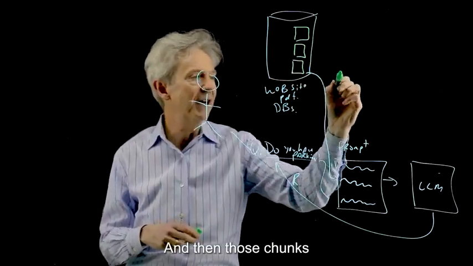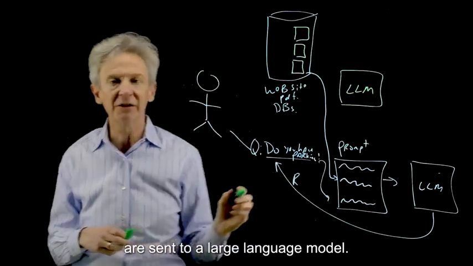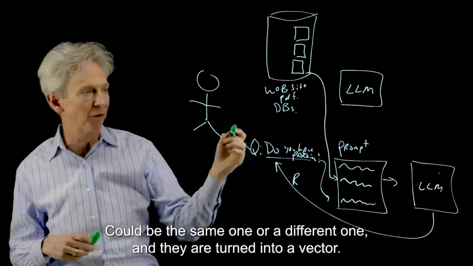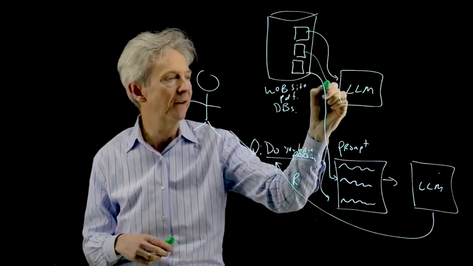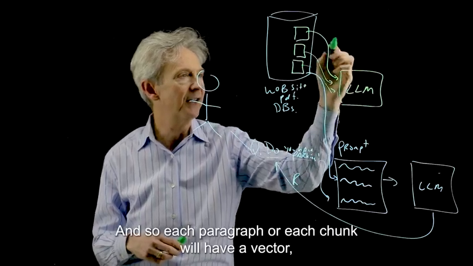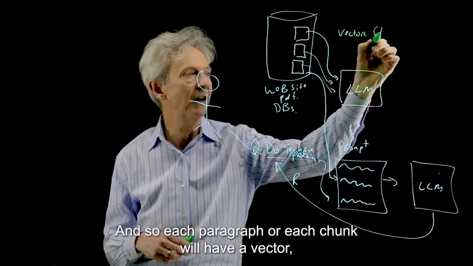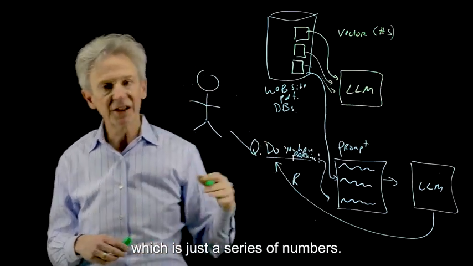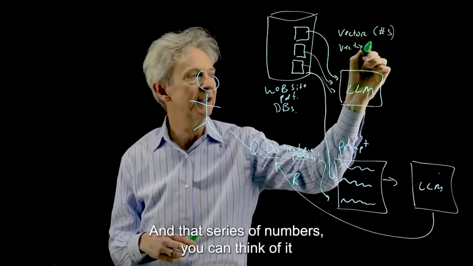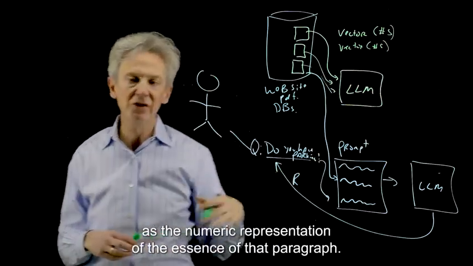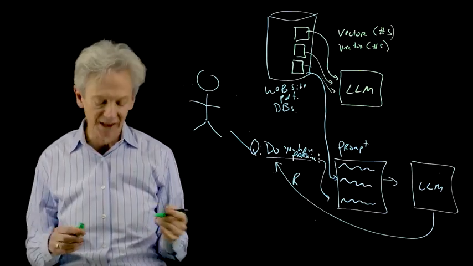And then those chunks are sent to a large language model, could be the same one or a different one, and they are turned into a vector. And so each paragraph or each chunk will have a vector, which is just a series of numbers. And that series of numbers, you can think of it as the numeric representation of the essence of that paragraph.